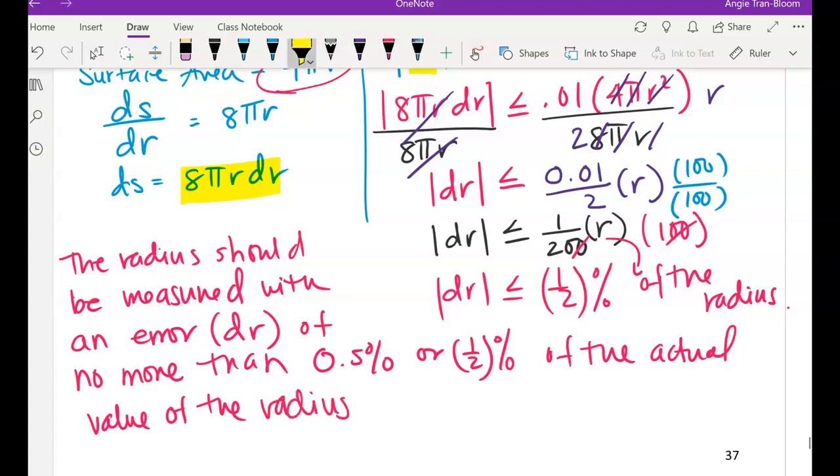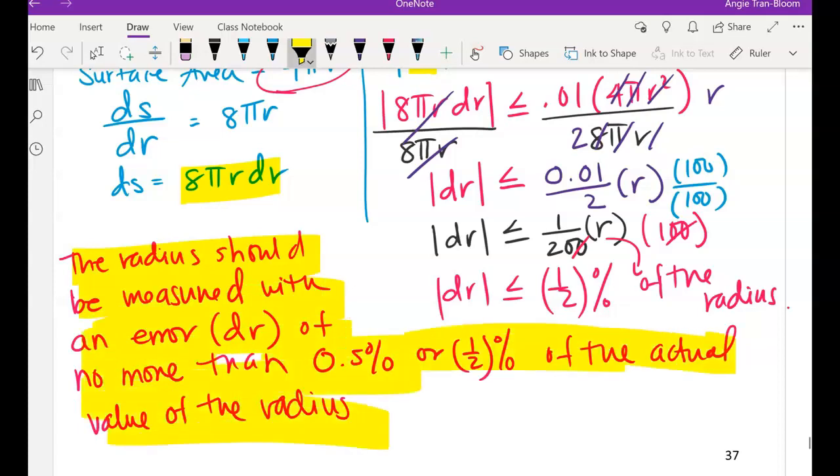Okay, and you can probably write a better interpretation than that, but that's pretty much what it's about.